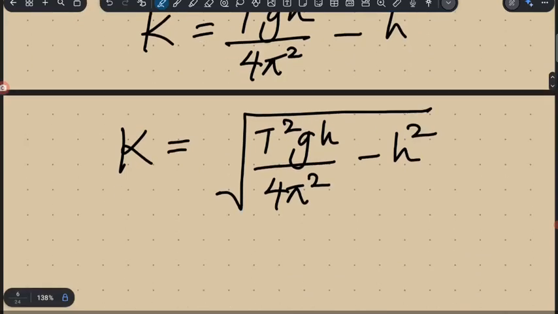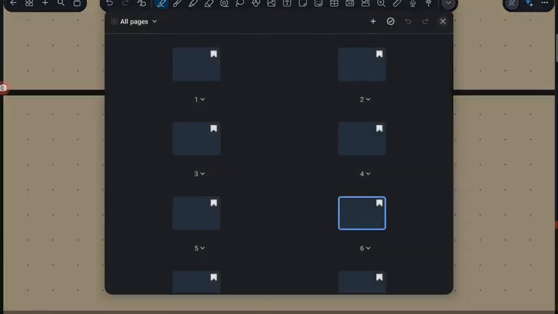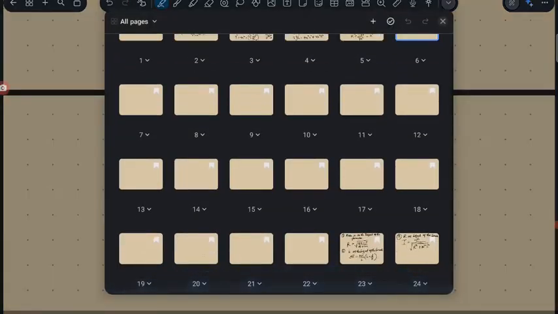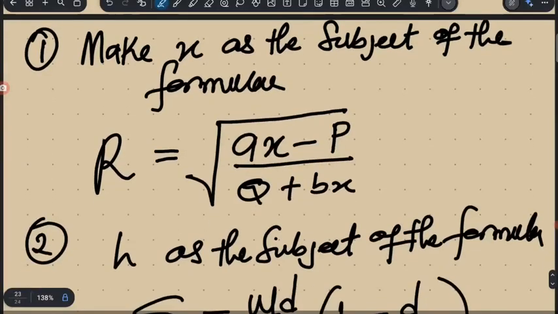So I want you to solve this classwork to know how well you really understand it. The first question says make x the subject of the formula, r is equal to the square root of ah minus p divided by q plus bx.